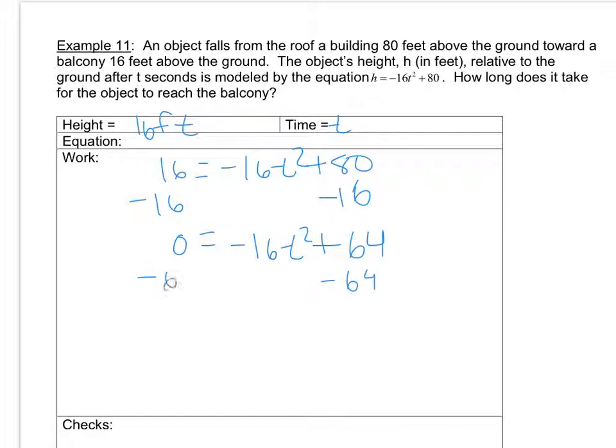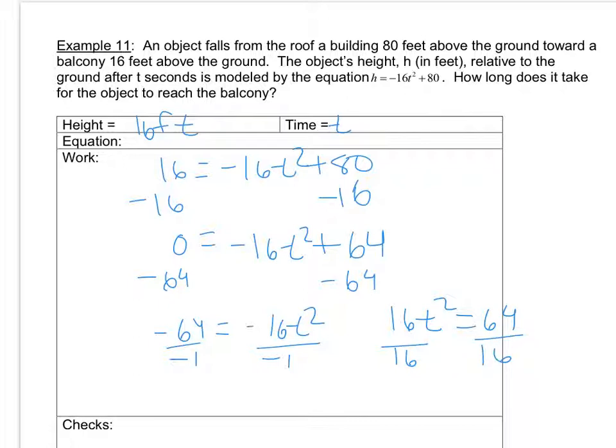Subtract the 64. Divide by the negative 1. So you get 16 t squared equals 64. Divide by 16. T squared equals 4, square root. T equals plus or minus 2, but you're not going to have negative time, so t equals 2 seconds.